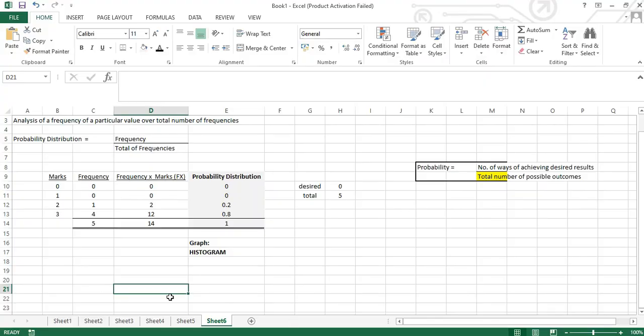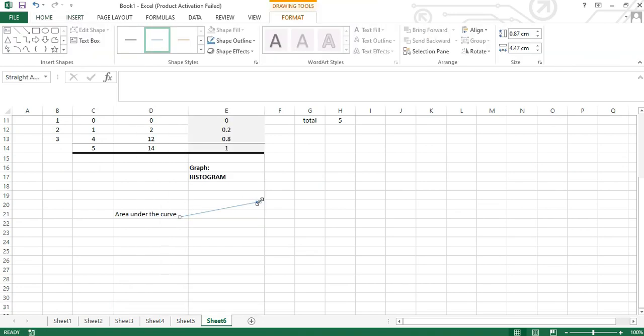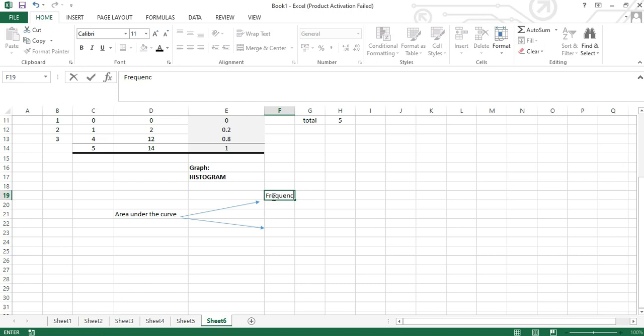So remember that. So I might put a note, area under the curve. There can be two situations: frequency distribution and probability distribution graph.